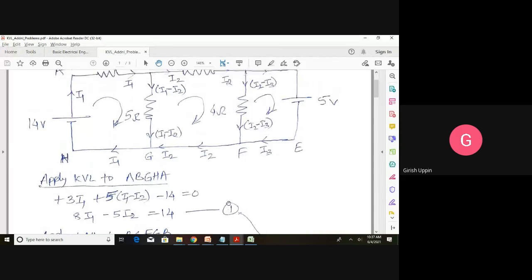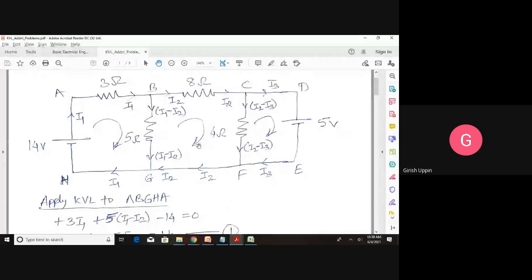Next, we are going to apply KVL to this loop B, C, F, G, B. We will start from B. What is the current flowing in this branch? I2, and the direction of tracing is also in the same direction. So positive voltage drop, that is plus 8I2.